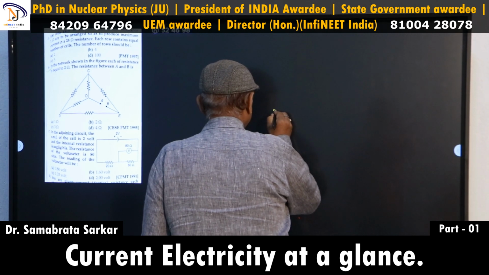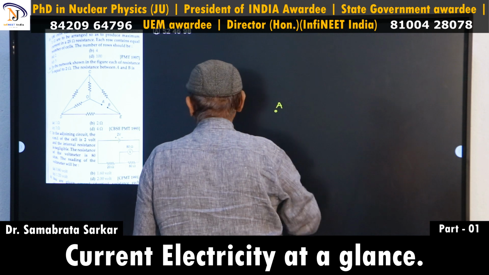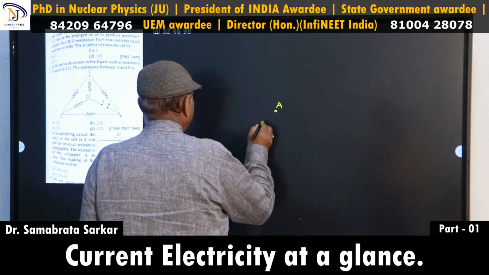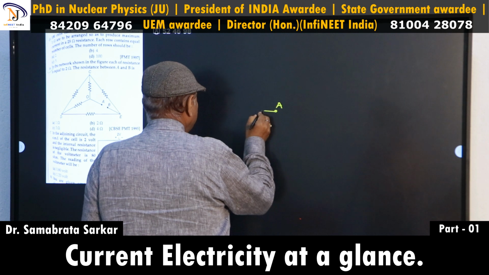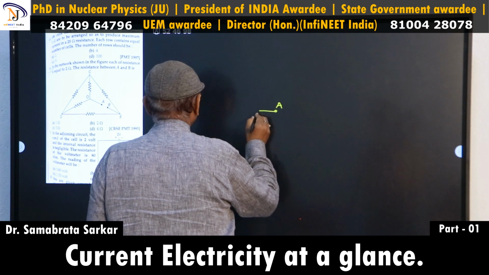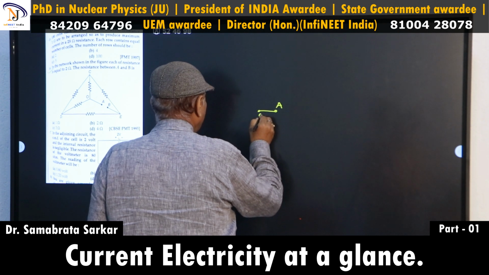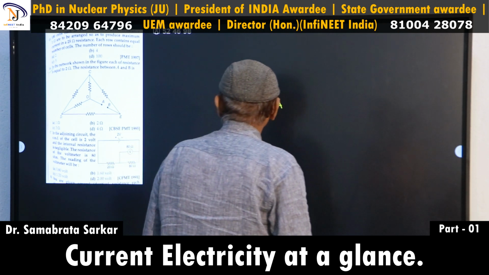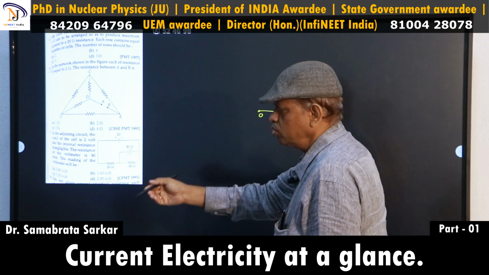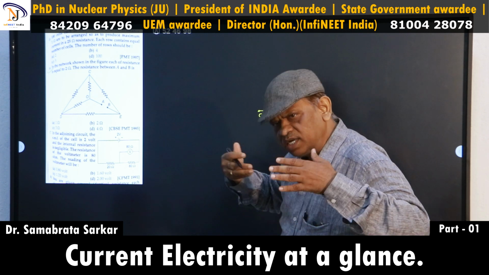Here actually you have to take the point like A. From A you are getting a point like O. From O to C and O to D. You just try yourself.